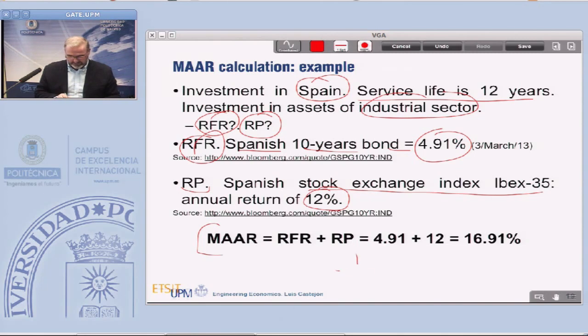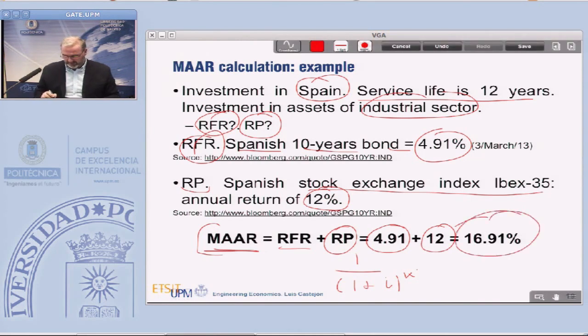So this term will be the term 1 plus i, or cost of capital, or minimum attractive rate of return. So the minimum attractive rate is equal to the risk-free rate, 4.91, plus the risk premium, which is 12, and then the cost of capital of a Spanish project will be nearly 17%.